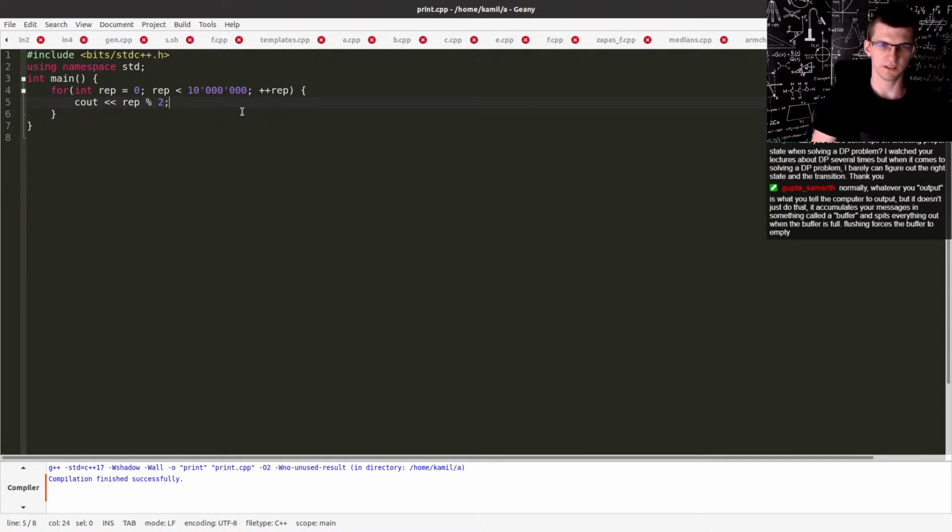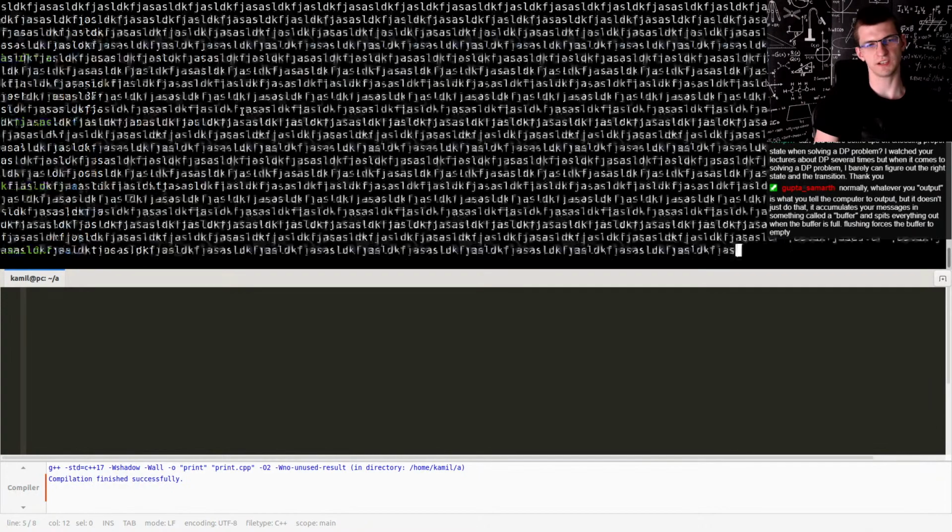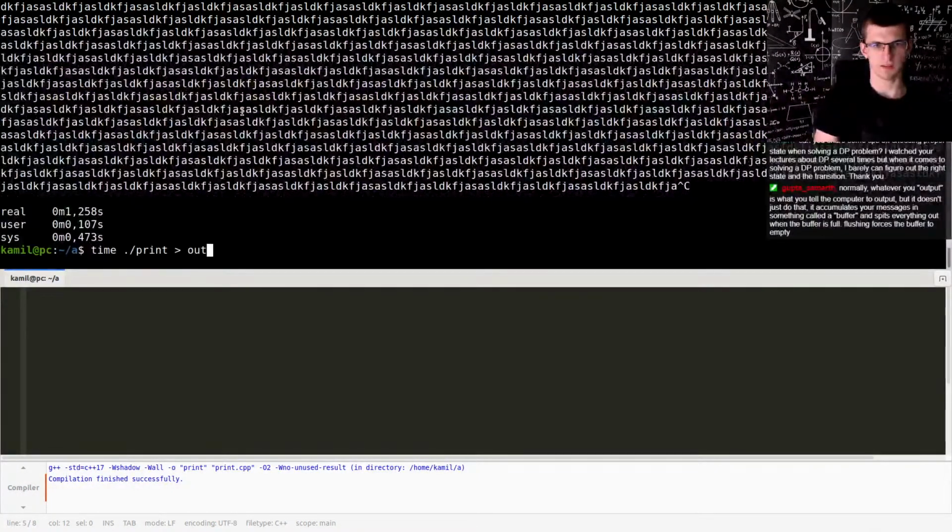So here's the lesson. If we do something here, this thing repeated 10 million times, it takes 1 second. If I add flushing, for example like this, or just by replacing this with CERR, I think this should also be 10 times slower. So instead of 1 second, it should take 10 seconds.